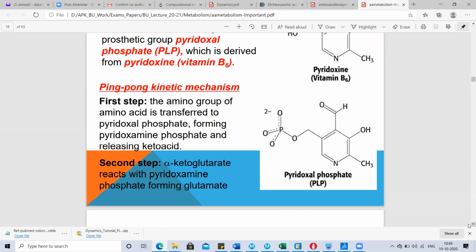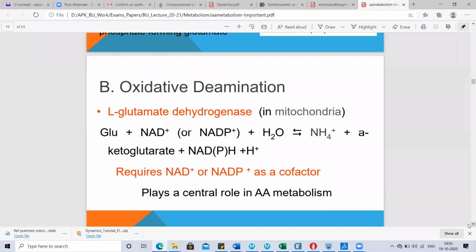Then the keto group is converted into amino, and this pyridoxamine is converted back into pyridoxal phosphate. So this is the overall ping pong mechanism of the transamination reaction.